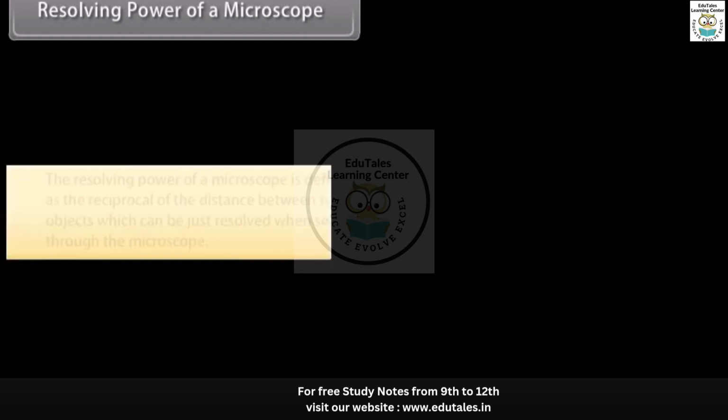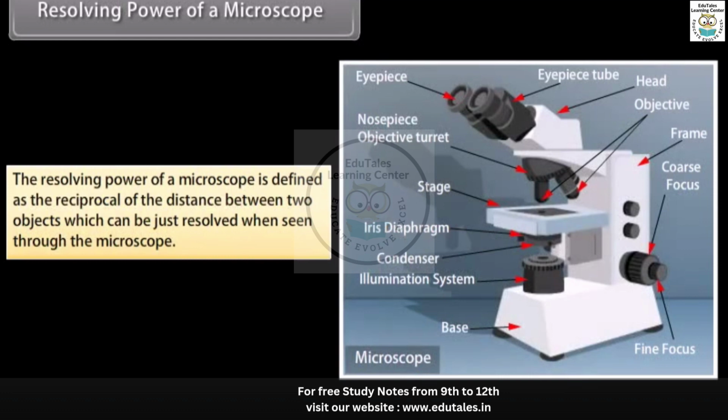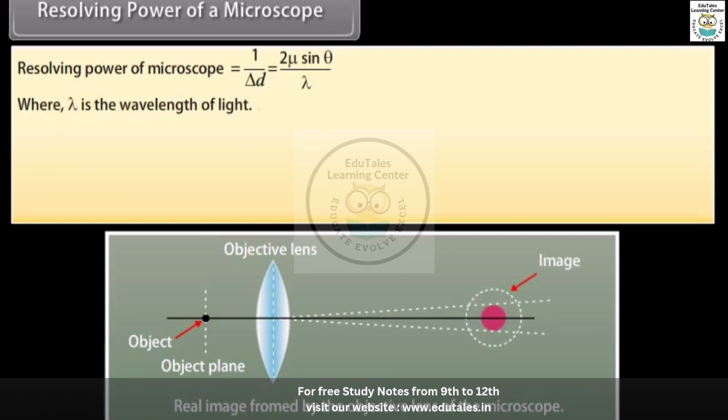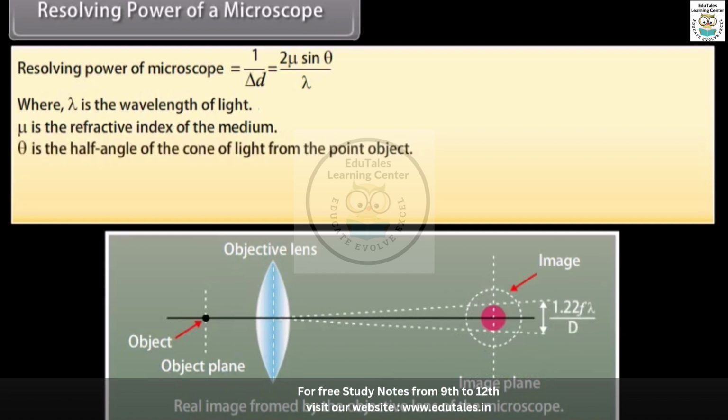Resolving power of a microscope. The resolving power of a microscope is defined as the reciprocal of the distance between two objects which can be just resolved when seen through the microscope. 1/ΔD is equal to 2μ sinθ/λ, where λ is the wavelength of light, μ is the refractive index of the medium, and θ is the half angle of the cone of light from the point object.